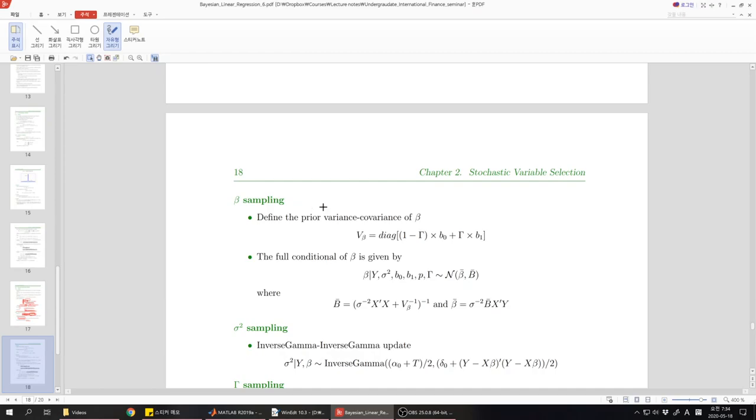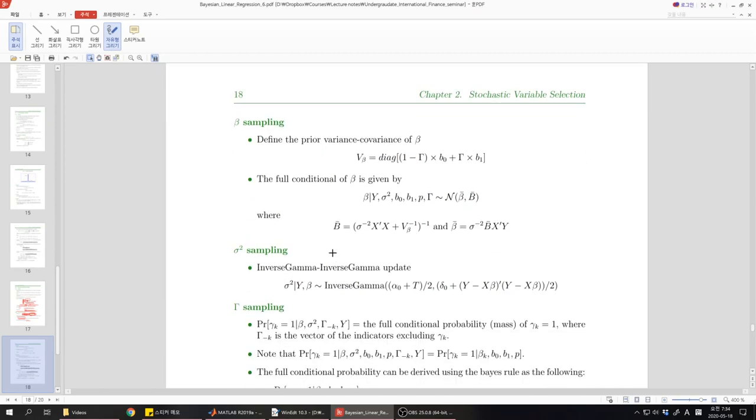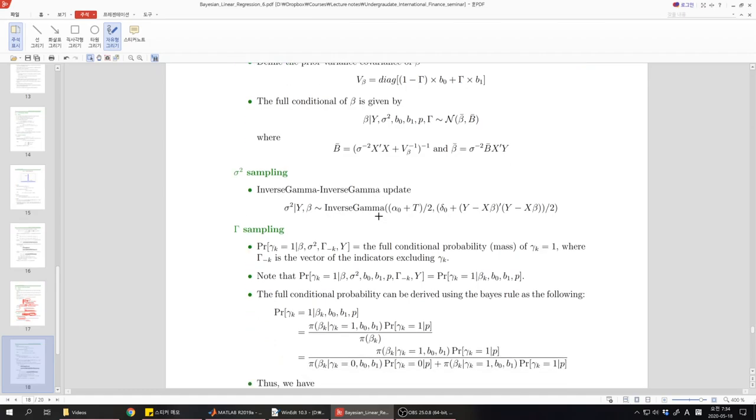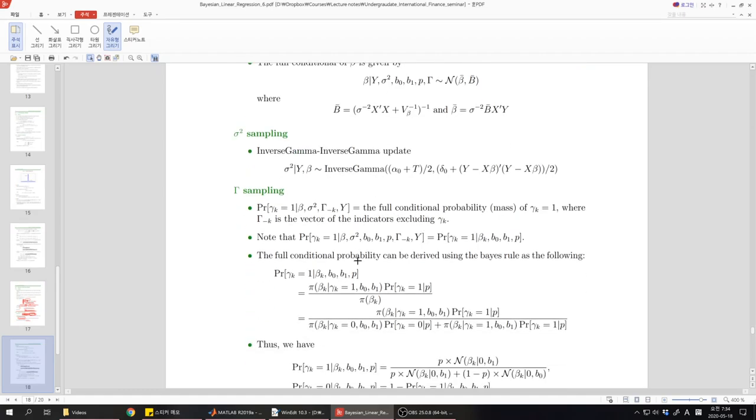So there's nothing to discuss for the beta sampling. Okay, sigma sampling is same as before. Here gamma is same as before. But the only difference is now gamma k is conditioned on b0, b1, and p.